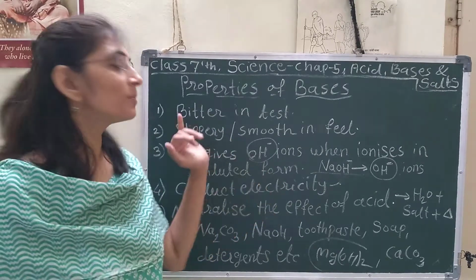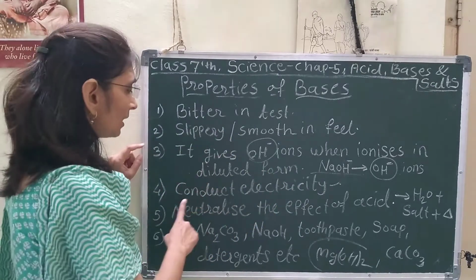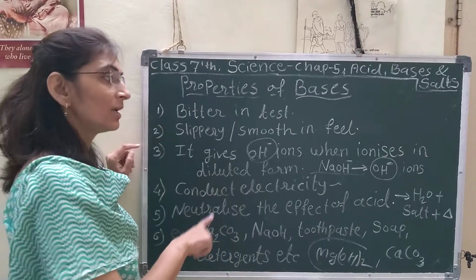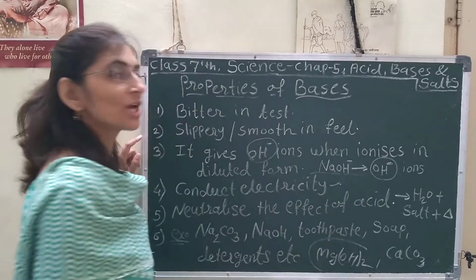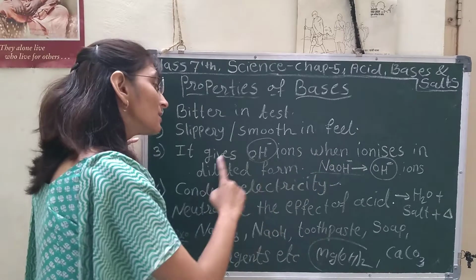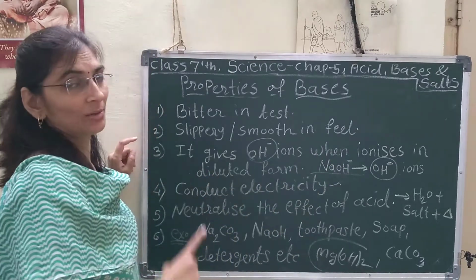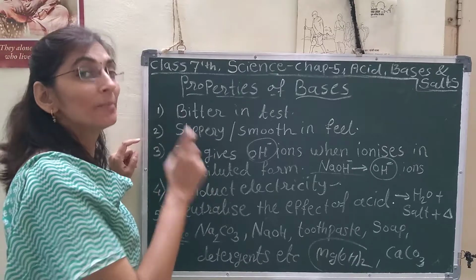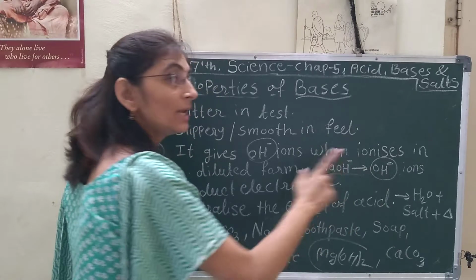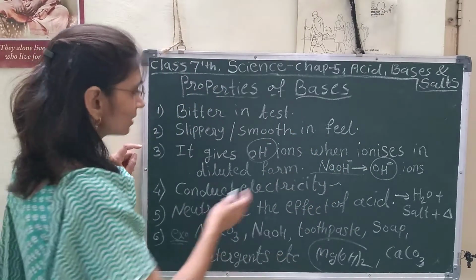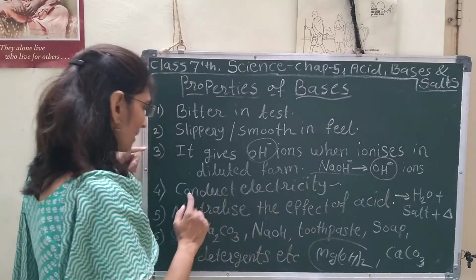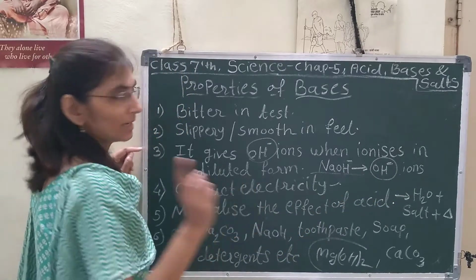Because of this property, it can conduct electricity. For that ionization process there is a need of dilution, which means an aqueous medium must be present for the dissociation of hydroxyl ions or any ion. Because of this release of hydroxyl ions, bases are able to conduct electricity.